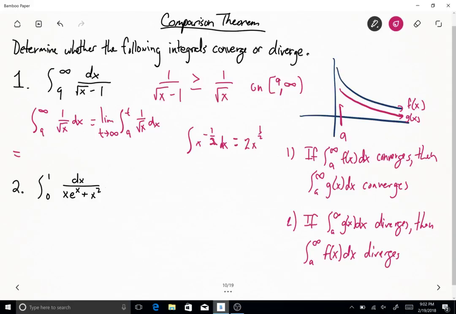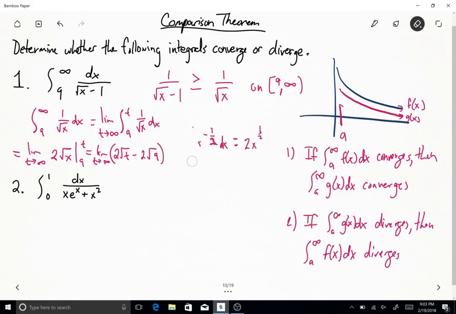So this thing equals the limit as t approaches infinity. And some of you might recall from the p-values, you could say that right away and that would do the trick. So this one's 2 square root of x evaluated at 9 and t. But the limit as t approaches infinity of 2 square root of t minus 2 square root of 9, notice that thing's going to equal infinity. So this thing diverges by the comparison theorem.